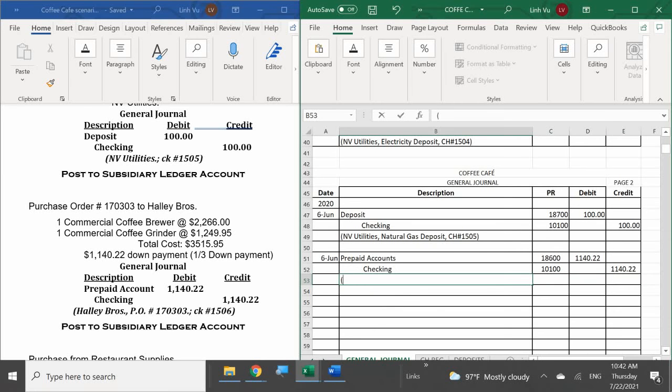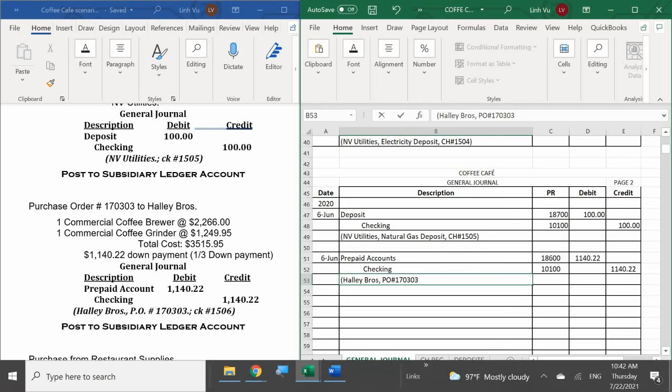So first things first is the vendor, right? Who did you write this check out to, or who did you do business with? In this case, Hallie Bros. Okay. Now this down payment is going to go towards my purchase order number 303 because I haven't received a bill from them yet.